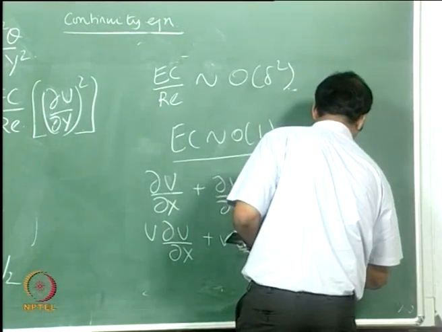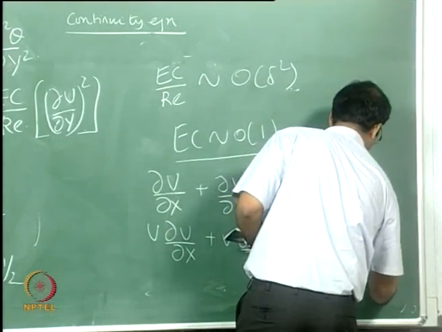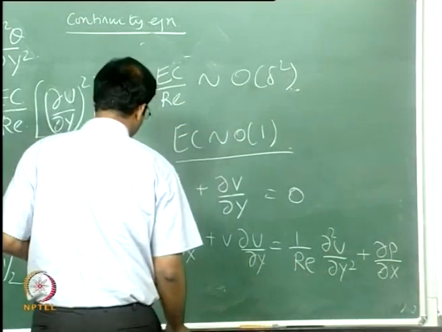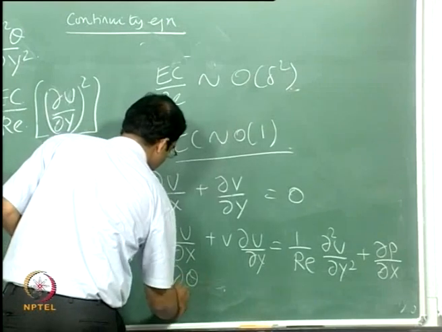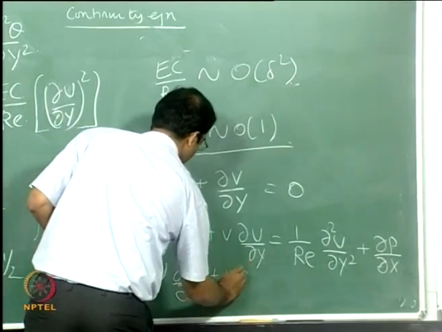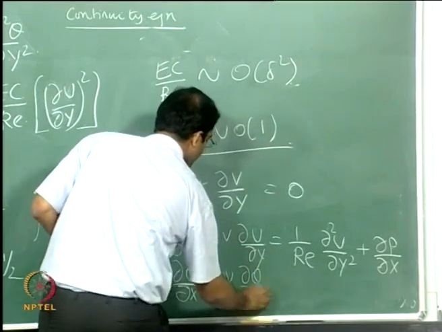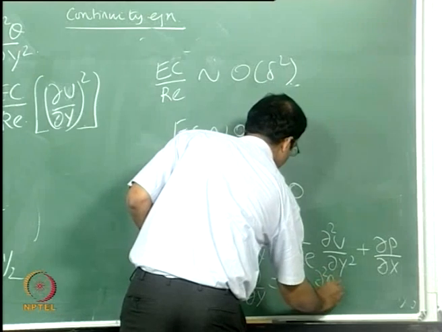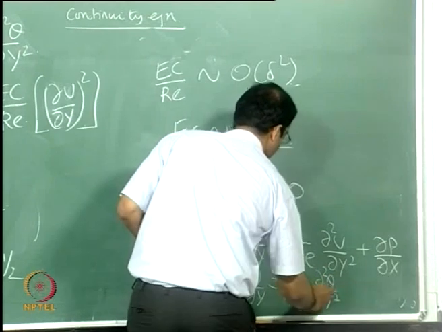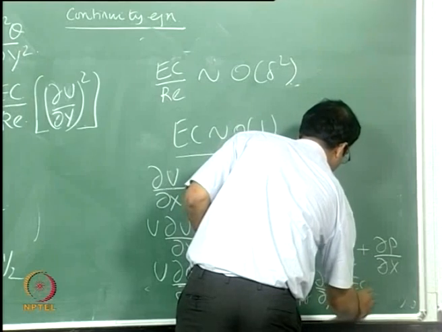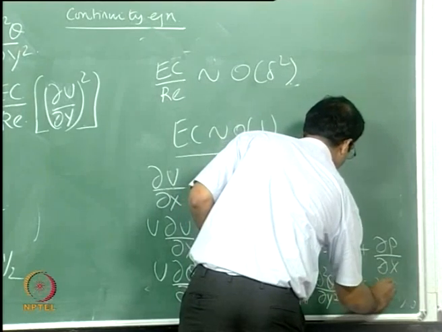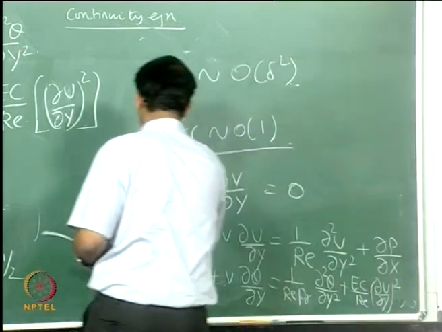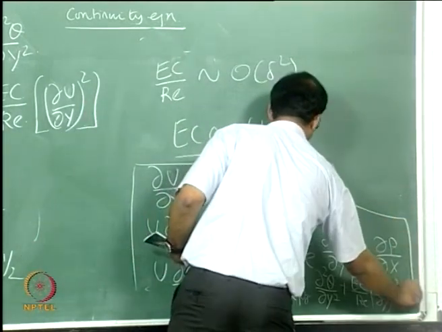Of course for a flat plate you won't have this term, but for favorable and adverse pressure gradients you can have dp dx, and your energy equation. Okay. So these are called the boundary layer equations.